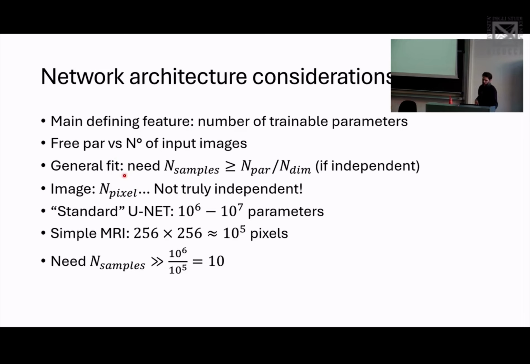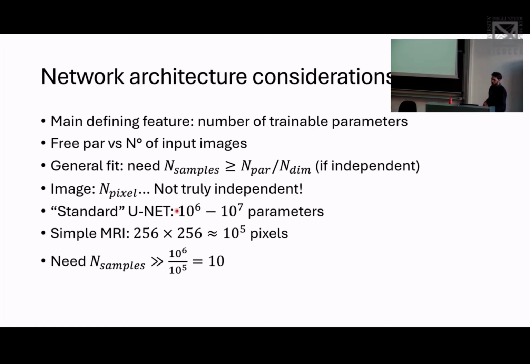How can we apply this same kind of intuition to convolutional neural networks? In general, in a fit, you need a number of samples that is greater than or equal to the number of parameters divided by the dimensionality of the sample, if the samples are independent. In an image, the number of pixels is not really the dimensionality, because pixels are by far not independent.